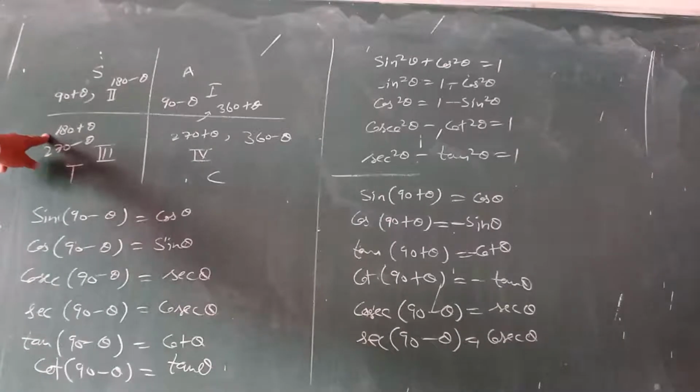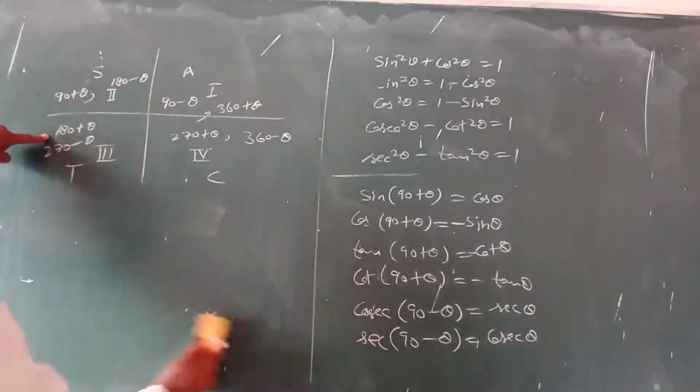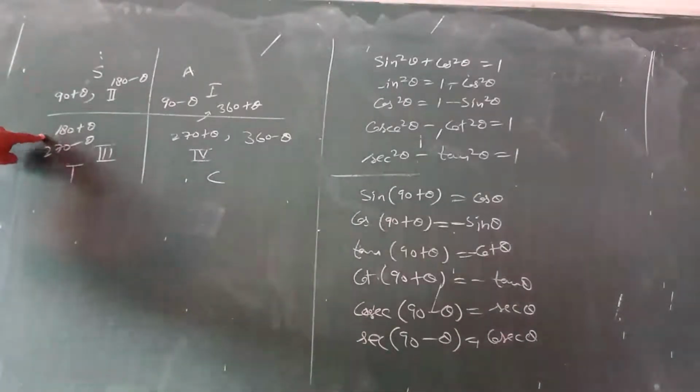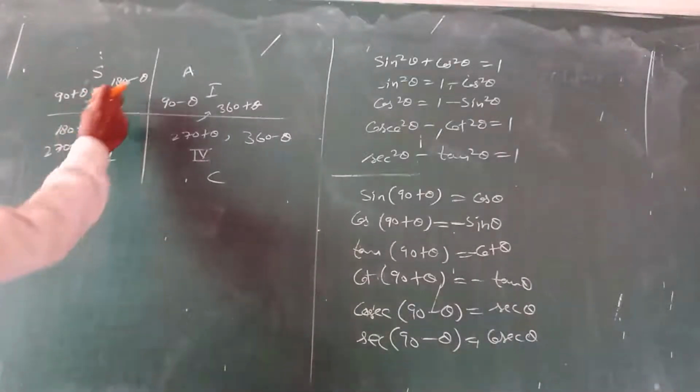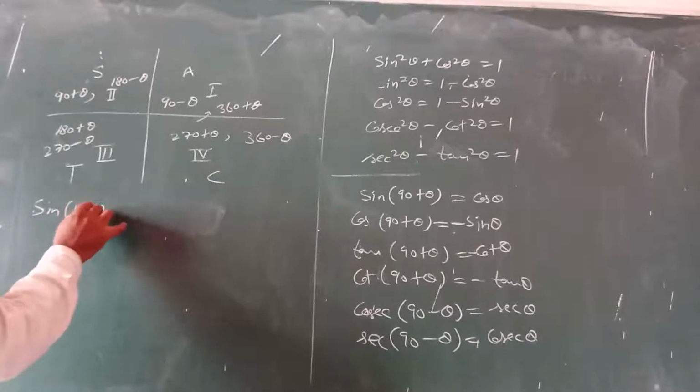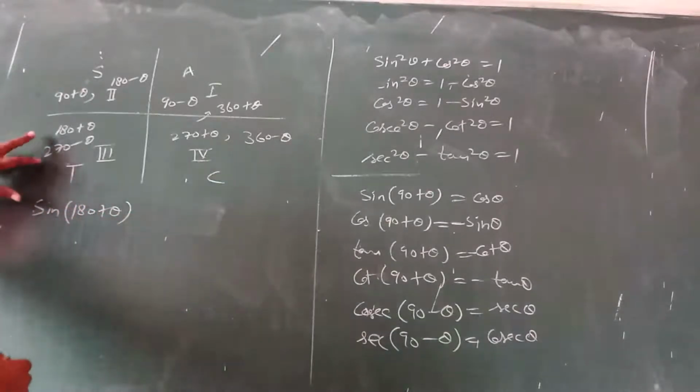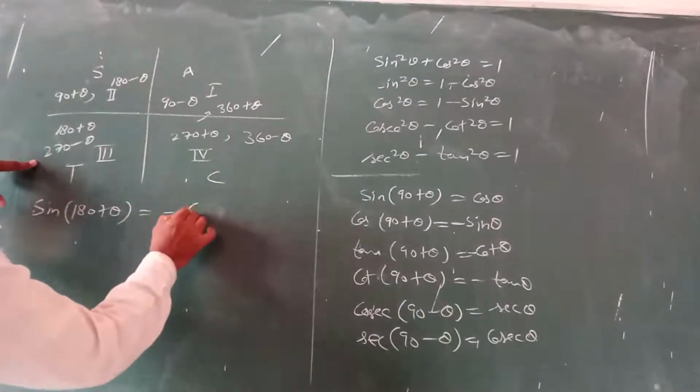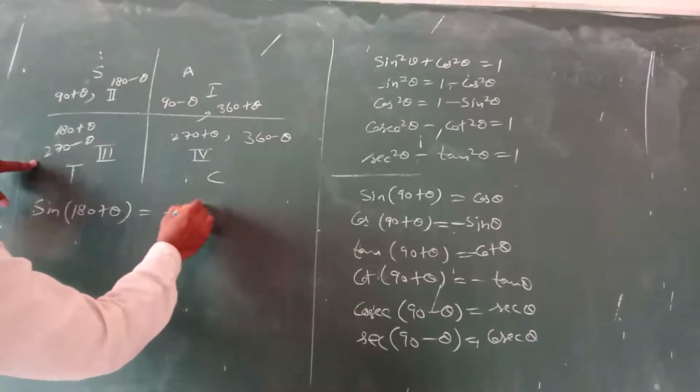In 180 plus or minus theta, sin 180 plus theta, where tan is positive, equals minus sin theta.